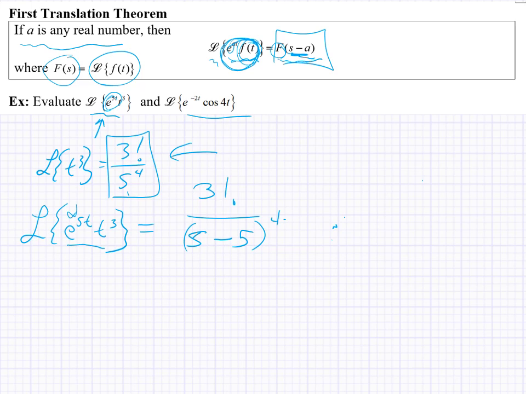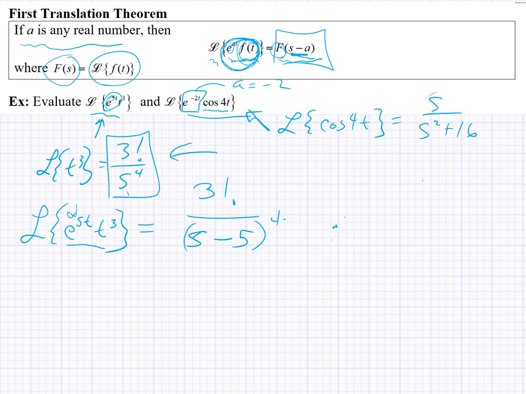How about this next one, this Laplace transform here? Well, again, if you know the Laplace transform of cosine of 4t, which would be s over s squared plus 16, based off of our formulas we just looked at, and all I'm doing is taking that cosine and multiplying it by e to the negative 2t. In this case, a is negative 2.